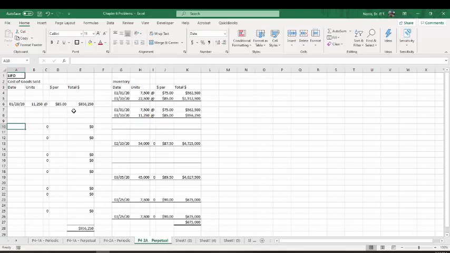And our next sale is on January the 30th, and that is a sale of 3,750. And that also is going to come from the batch from January 10th.